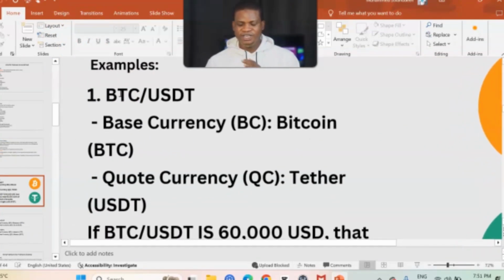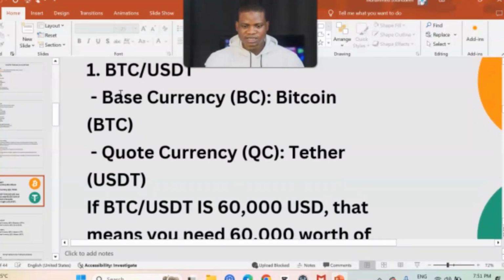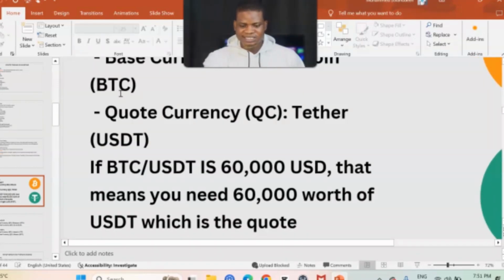The base currency is the first currency, which is BTC, and the quote currency is USDT. Now, if BTC/USDT is $60,000, it means you need $60,000 worth of USDT, which is a stable coin. I talked about USDT earlier as a stable coin. So you need 60,000 worth of the quote currency, which is USDT, to be able to buy one BTC. I hope you get that particular point.